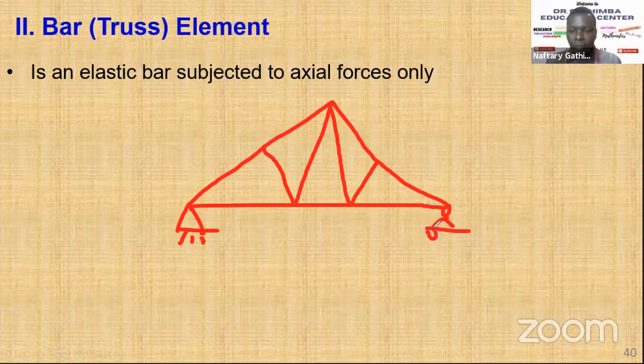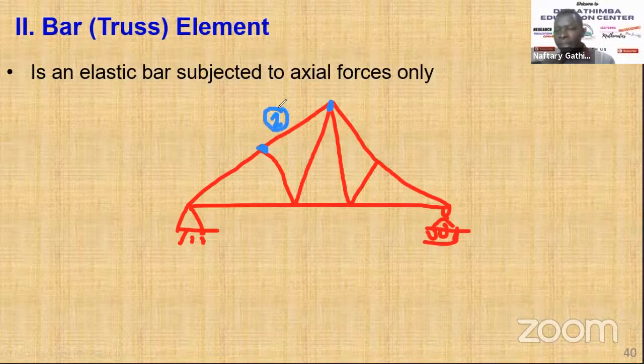Sorry, this should be the roller support on this side, and the joints are pinned. So with the joints being pinned, if you are considering this member, I call this member 2 or element 2 in our finite element analysis, this element can only carry axial loads.